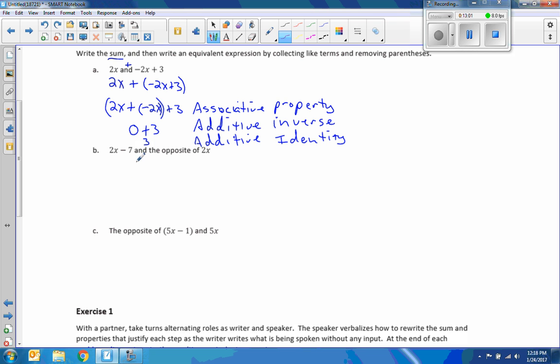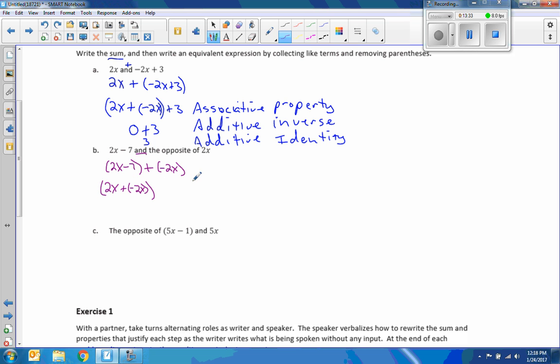2x minus 7 and the opposite of 2x. The opposite of 2x is negative 2x. Okay? So I'm going to rearrange these. So I'm going to take this 2x minus 7, and I'm going to move this 2x over here, so it's going to be plus a negative 2x here.